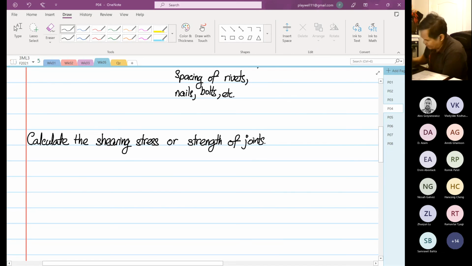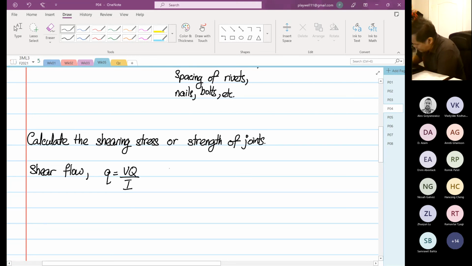All right. So the formula will be shear flow. Now we are going to have a new formula, but it's not difficult to remember. So we know that shear flow q is equal to VQ over I, right?